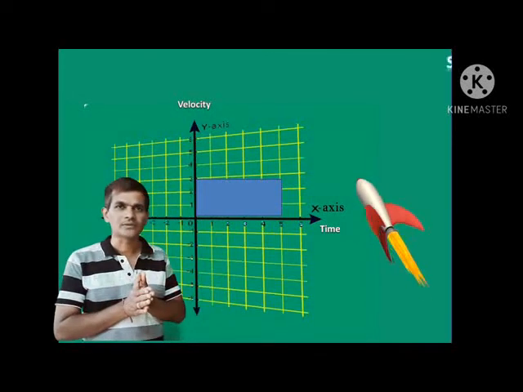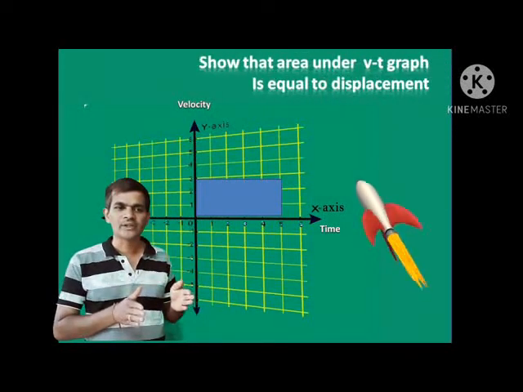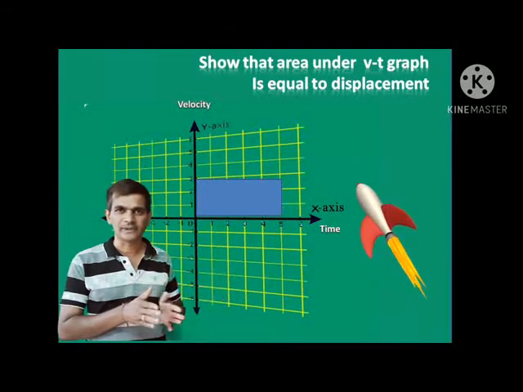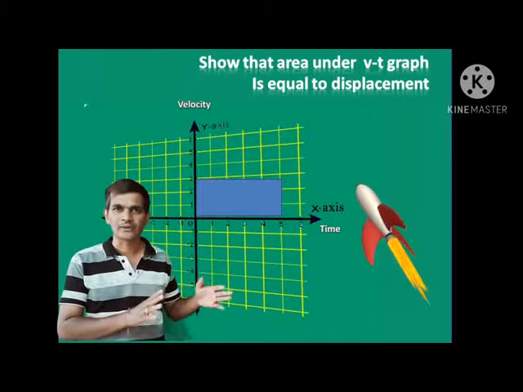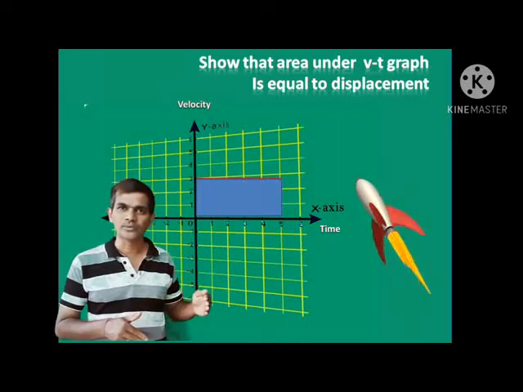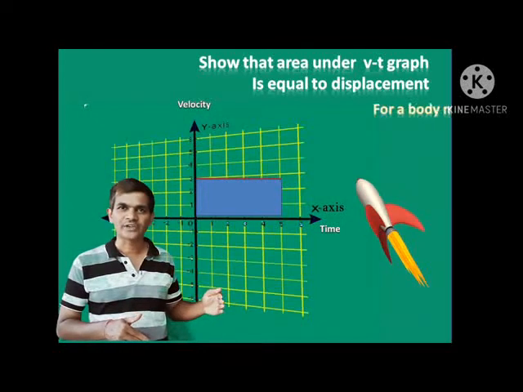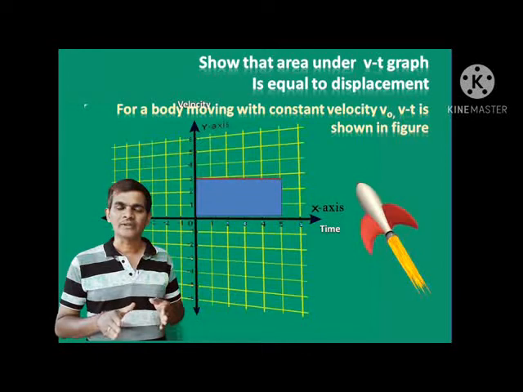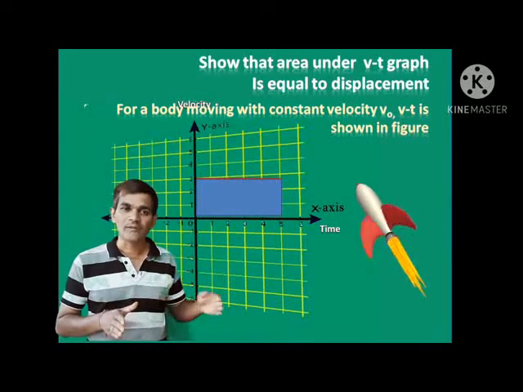We have one question to show that the area under the velocity time graph is equal to displacement. They give this to prove in the exam as a 3-mark question. Let us see how to prove that the area under the velocity time graph is equal to displacement. Consider a body which is moving with uniform velocity.